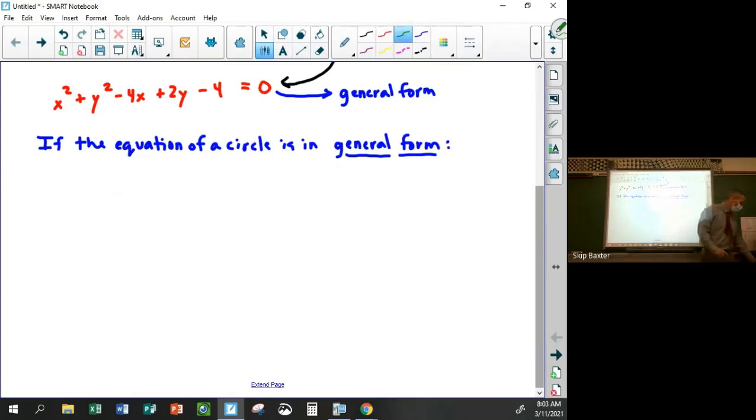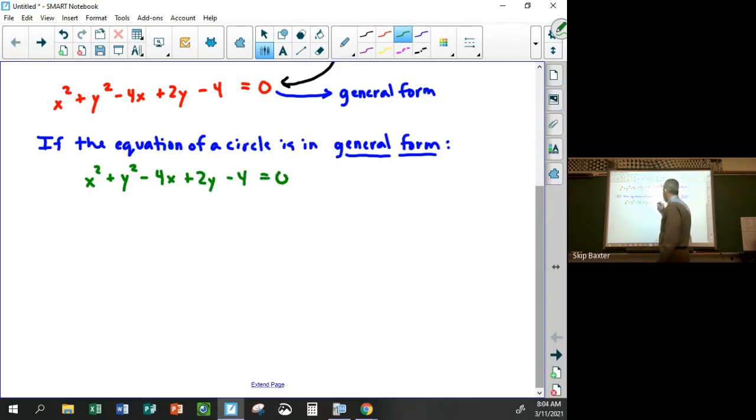So let's do an example. Let's actually do this example. Why not? So if I have something like x squared plus y squared minus 4x plus 2y minus 4 equals 0.